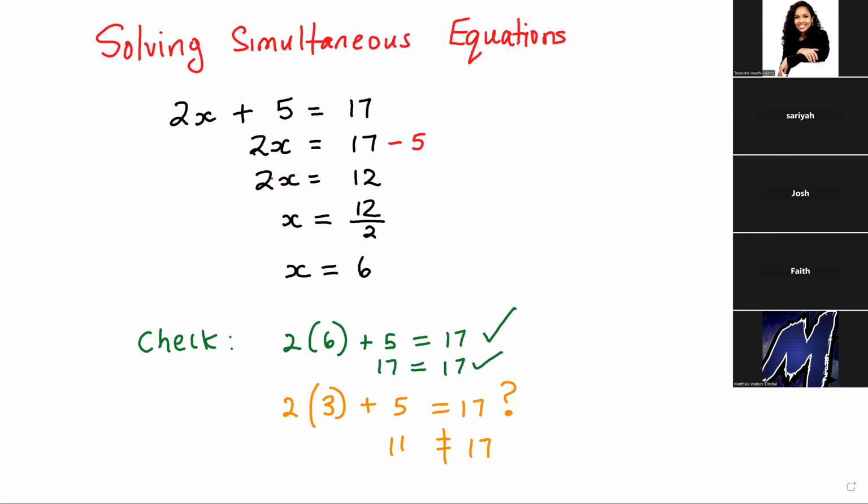And then I showed you here that if you had gotten another number, for instance, you had gotten 3, that would not be correct because when I substitute that into the original equation, I end up with 11 is equal to 17, which is not true, right? So that's why I know my answer is correct.